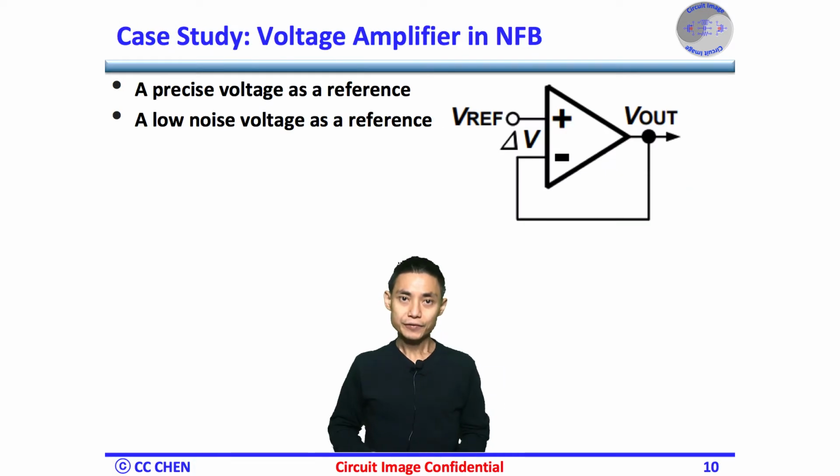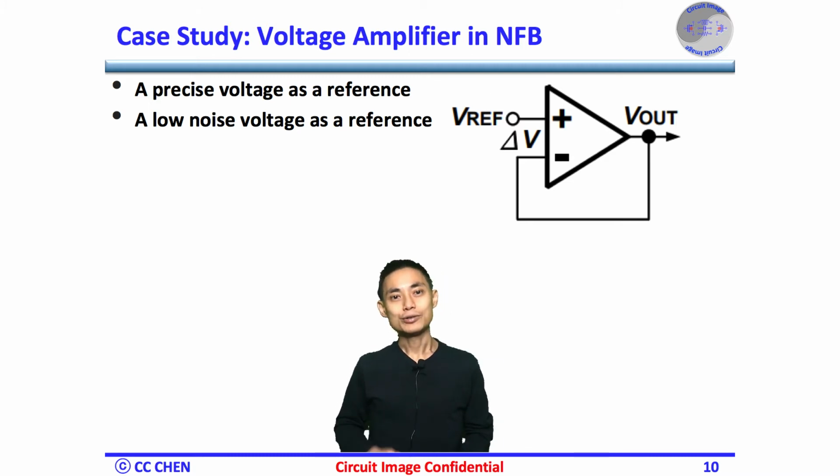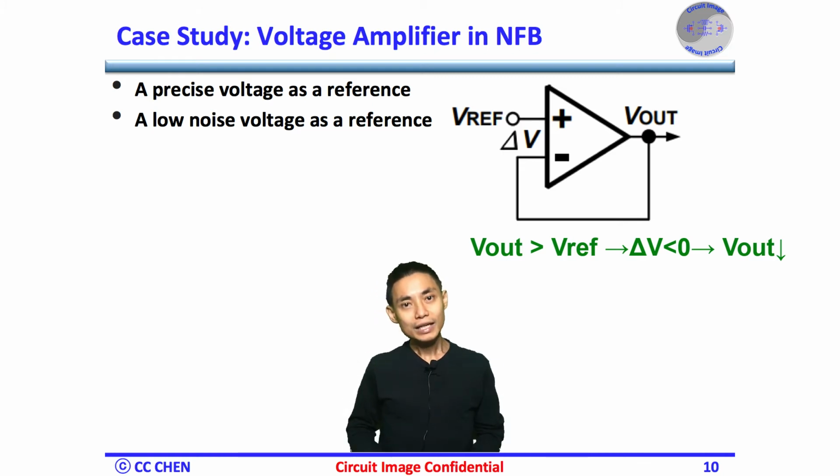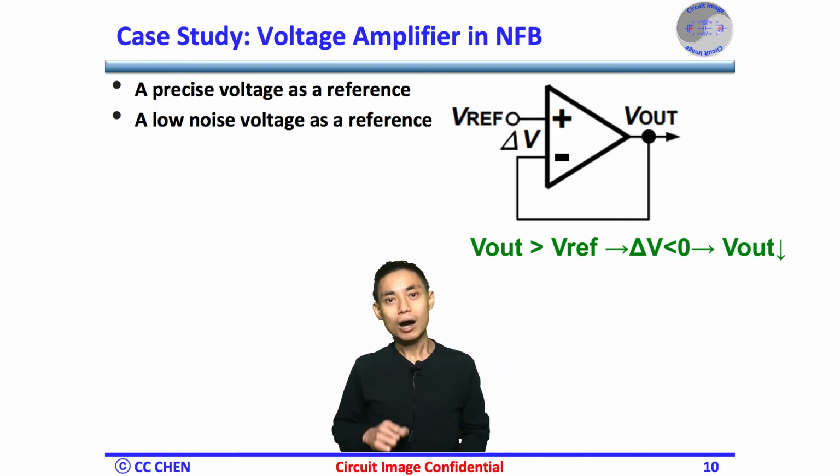To make the negative feedback correction clear, we can look at a simple voltage amplifier image as a case study. If the precise or fixed and no-noise voltage reference is available, then the Vref would be a reference voltage here. As you can see, if the output voltage Vout is greater than the Vref, then the delta V would be negative and drive the amplifier's output Vout to be smaller.